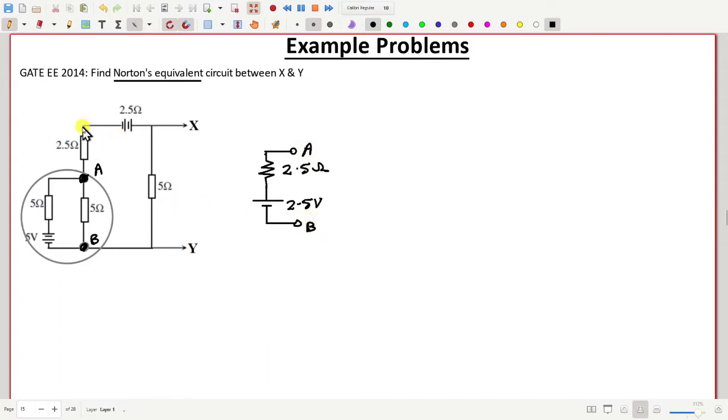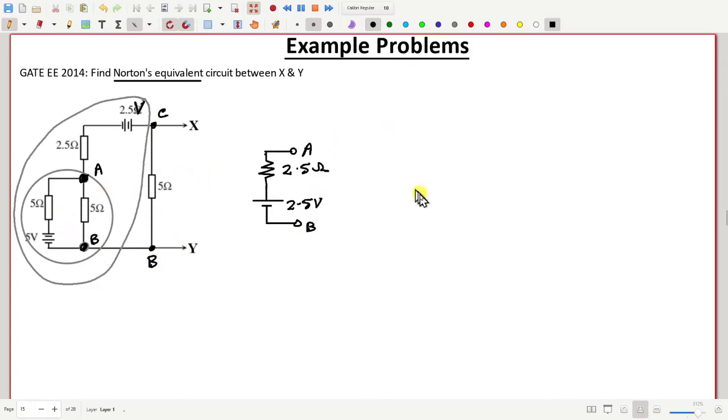Now let us consider this part. We have one more 2.5 volt and one more 2.5 ohm. If I call this terminal C, this is again B, then between C and B, what do we have?